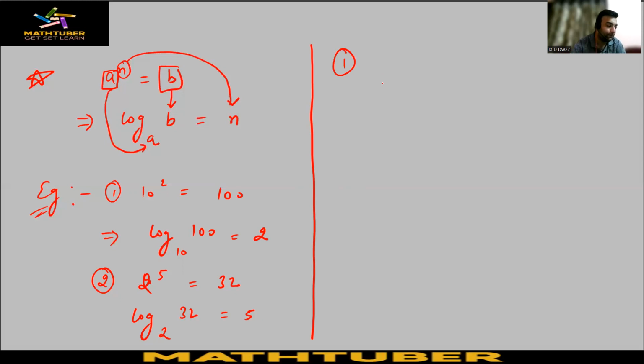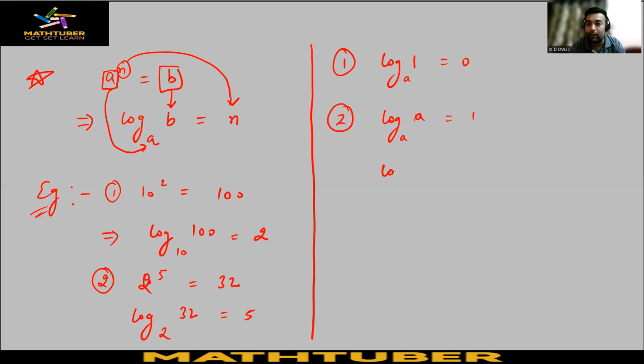So a few things to remember here. First is log 1 with any base a is equal to 0. It is always 0. a can be any value. And log of a with base a, which means the value and the base are the same, will be equal to 1.